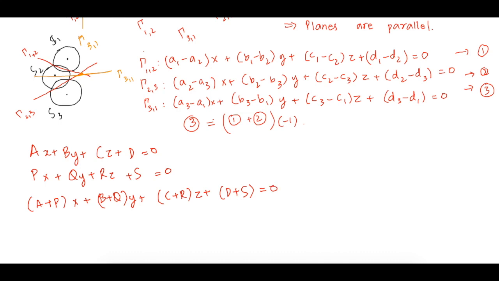Okay, now note that this minus 1 is there, but I can take this minus 1 out for everything and then absorb it in 0 here.